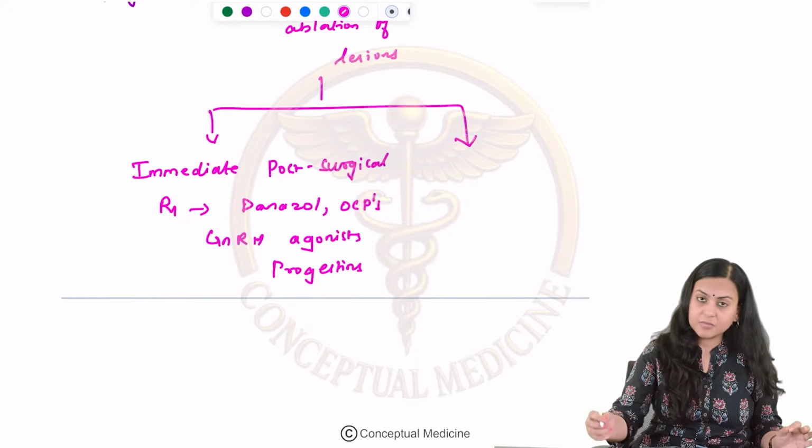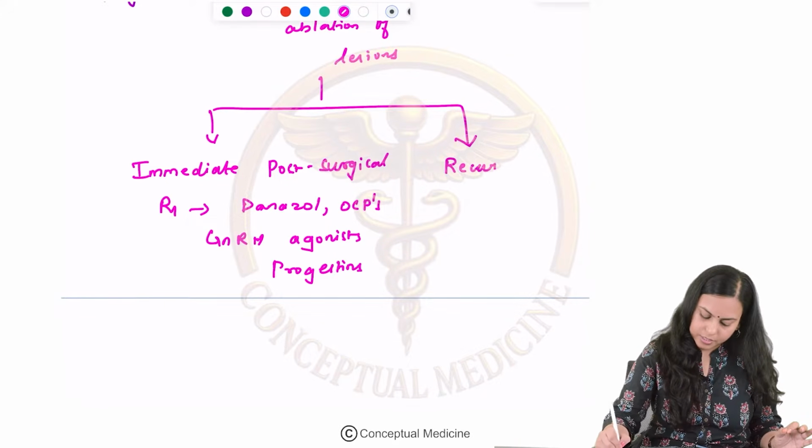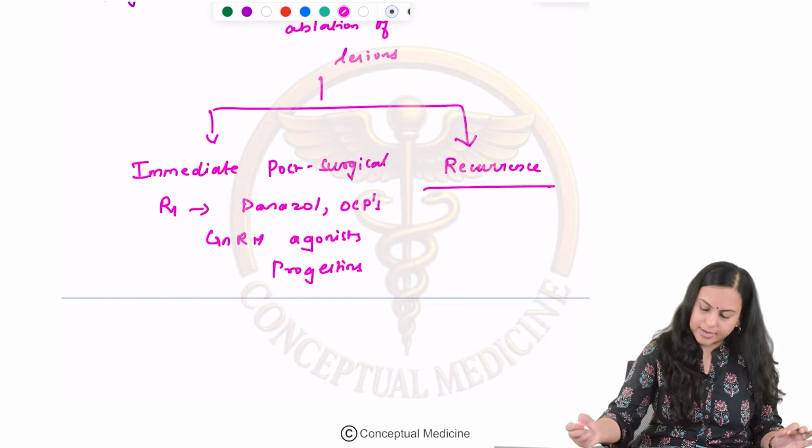Whereas in some cases there can be recurrence as well.